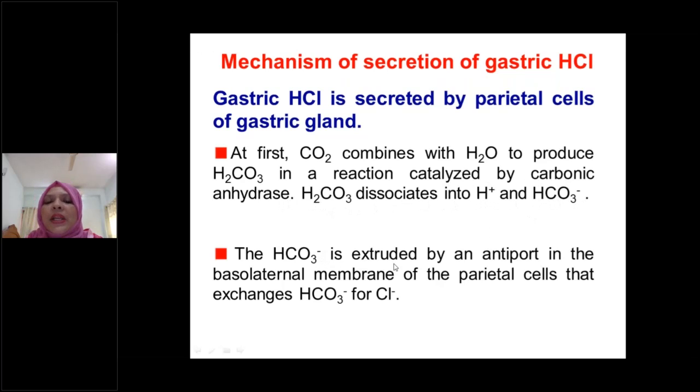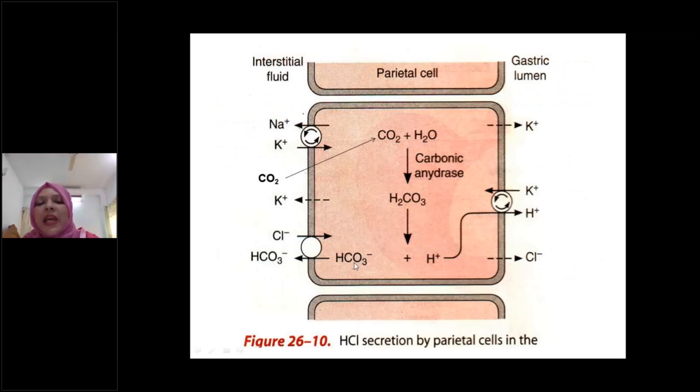The bicarbonate is extruded by an antiport, that is a counter transport mechanism, in the basolateral membrane of the parietal cell that exchanges bicarbonate for chloride. Already I have shown this: by the antiport mechanism, in exchange of chloride, this bicarbonate is extruded, that is, it comes out from the parietal cell into the ECF.